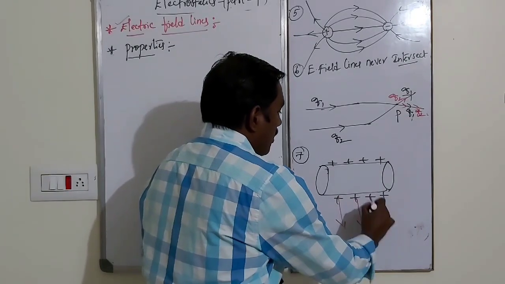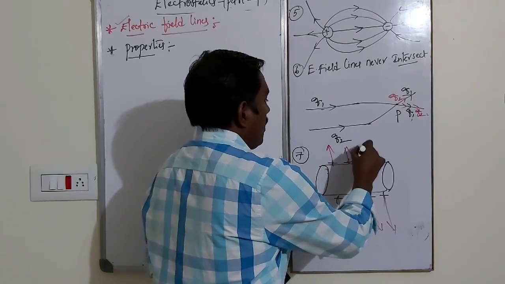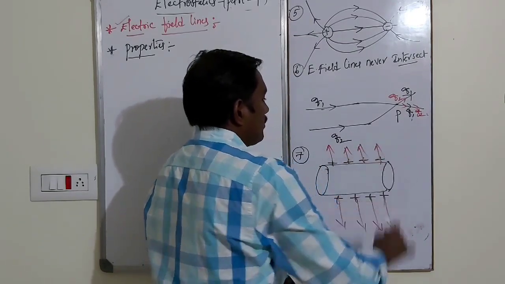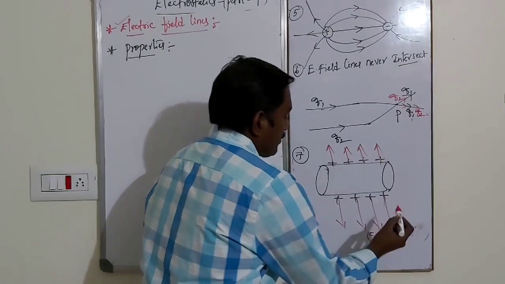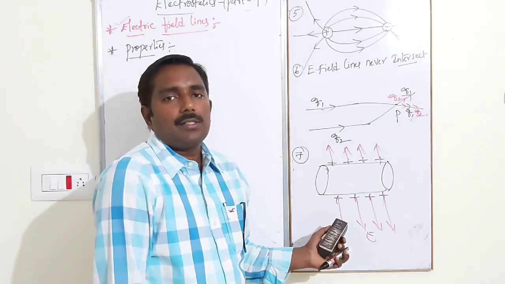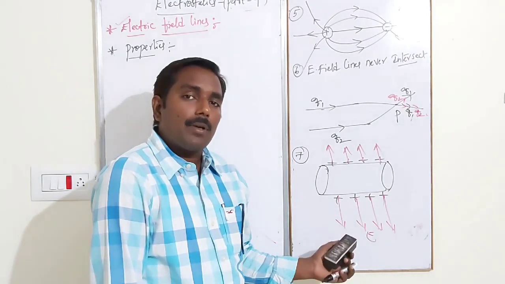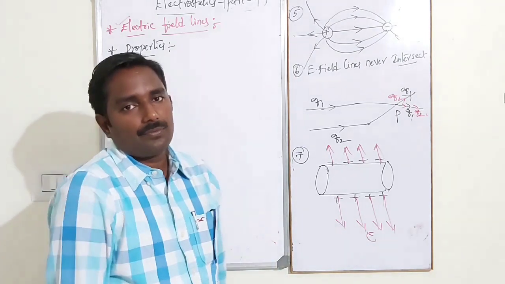These are the electric field lines. So in the case of a charged conductor, electric field lines are always normal or perpendicular.